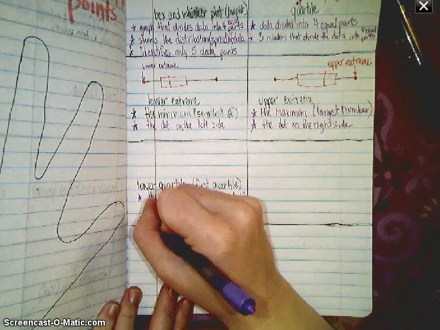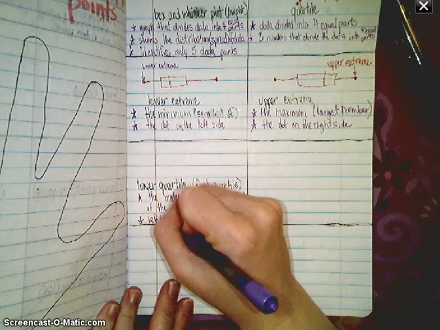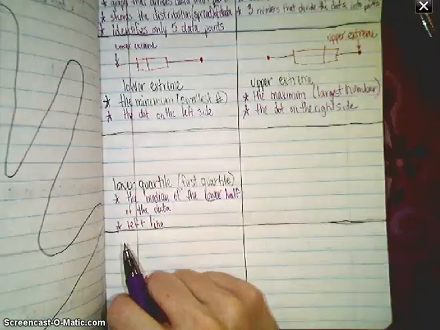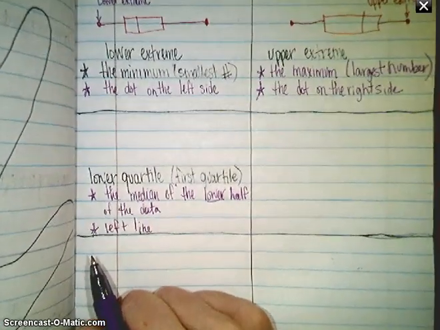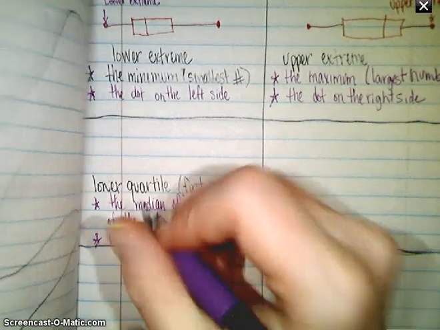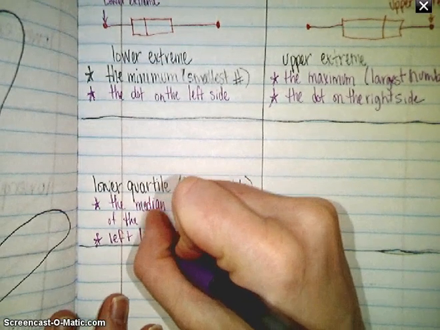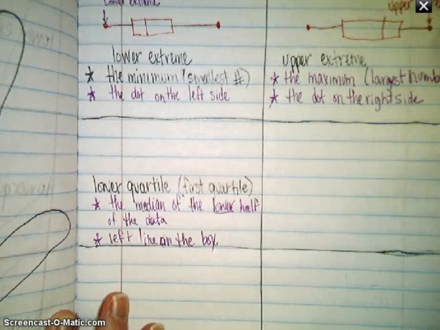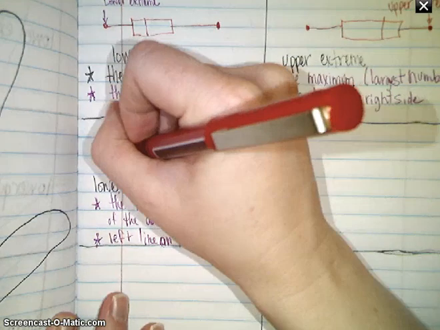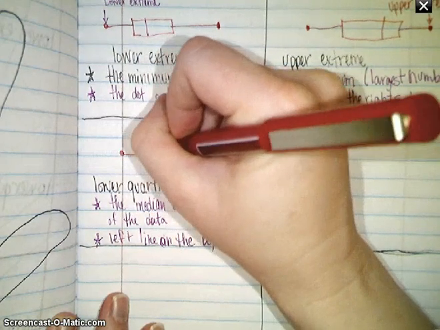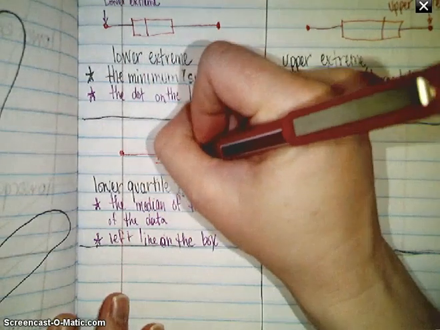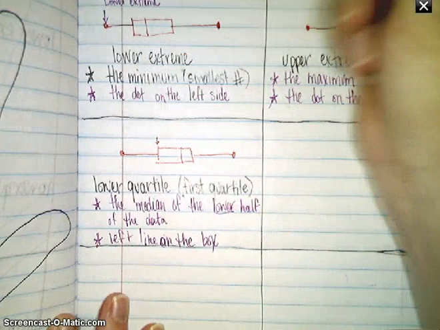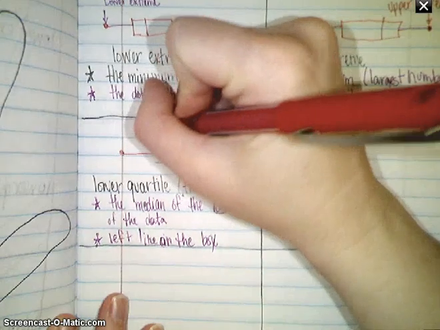And it is the left line in the box. This line right here is the lower quartile.